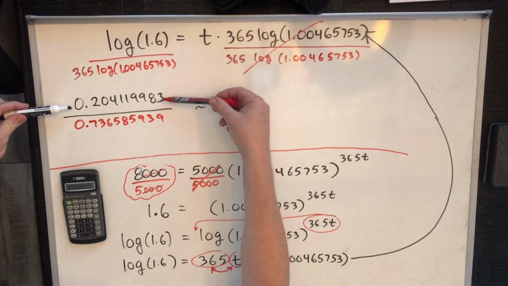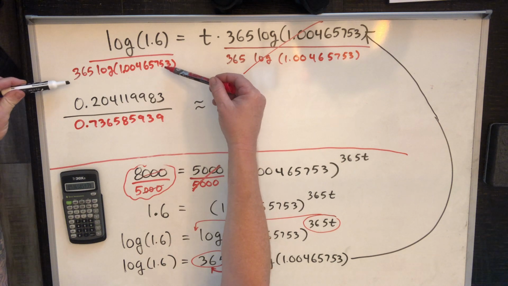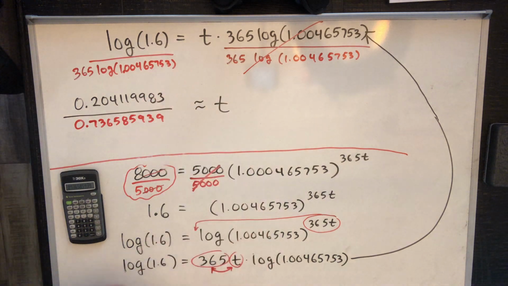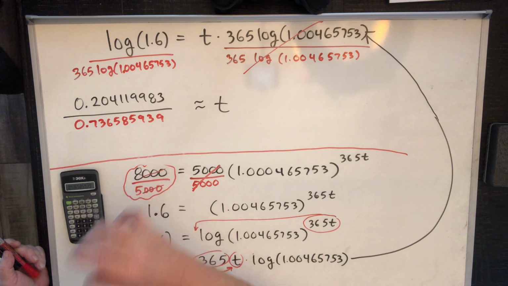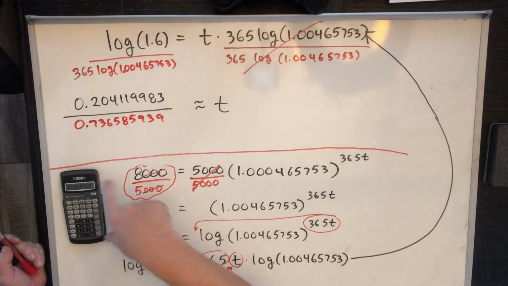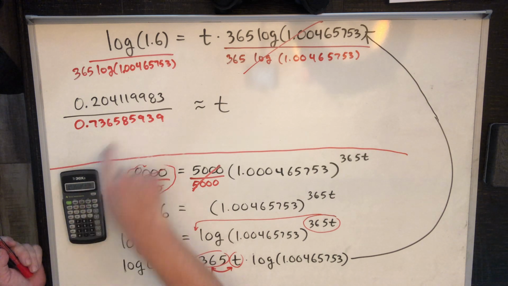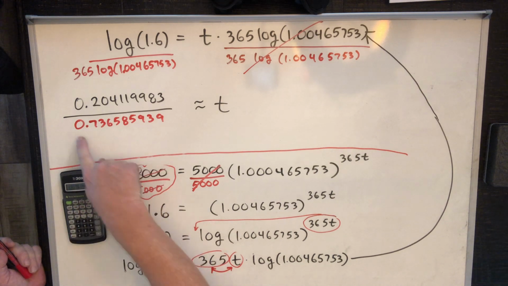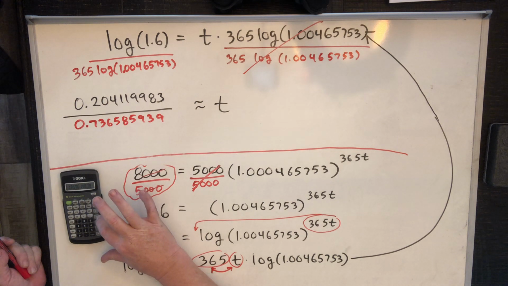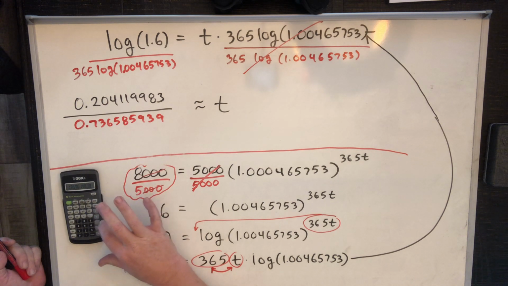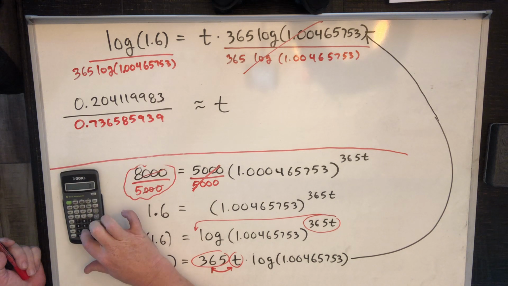The log is what's in black, and the 365 times the log is what's in red. And now I'm going to divide them both. Oh, there's a trick here. I have the 1 over x button, so I can hit 1 over x. That will send this down to the denominator. All right, and then I can multiply that times the numerator, 0.204119983.